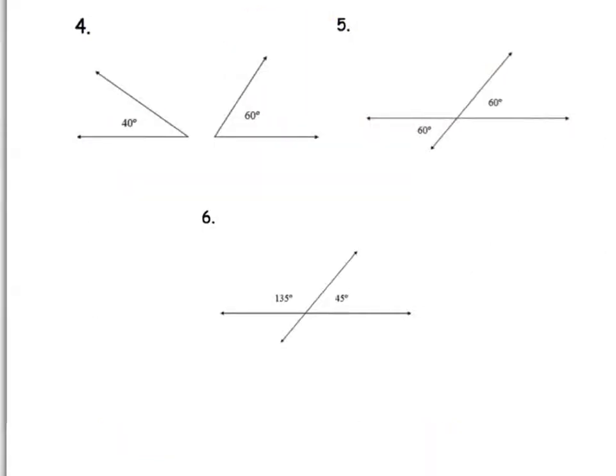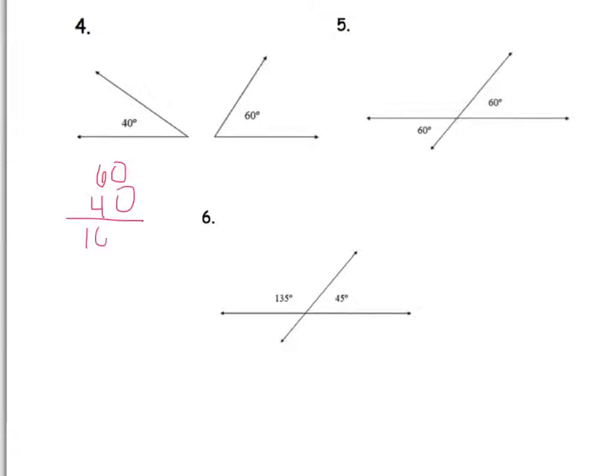Please pause this and take a few seconds to do 4, 5, and 6 to double check yourself. All right, so for 4, these two add to 60 plus 40, that is 100, not 90.